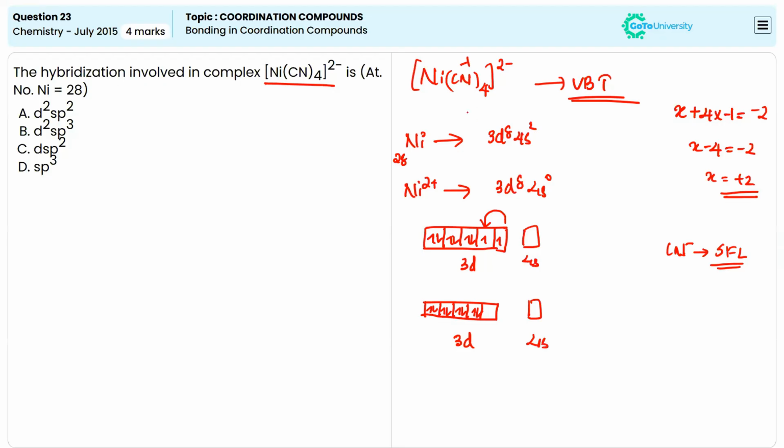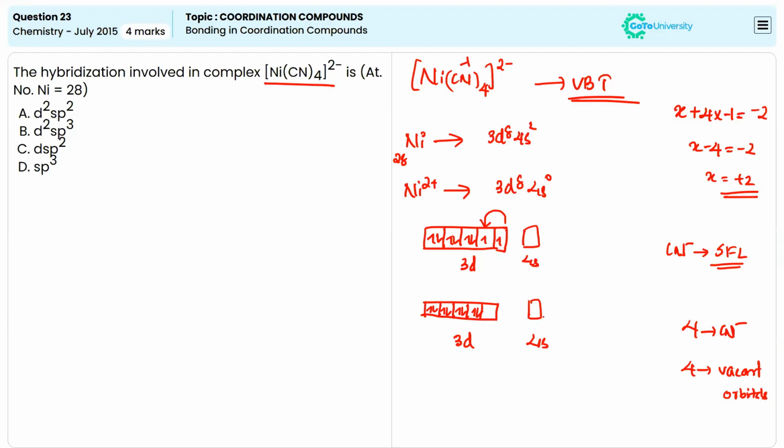Now we have to check how many CN minus ligands are coming. Here we have 4 CN minus ligands. The ligands give their lone pair of electrons to the vacant orbitals of the metal. So we need 4 vacant orbitals. But here we have only 2, one 3d and one 4s.